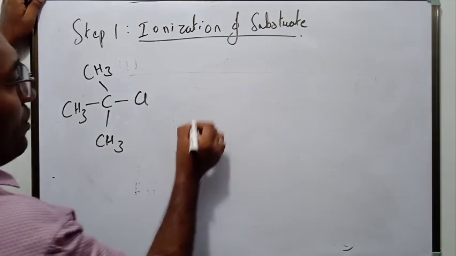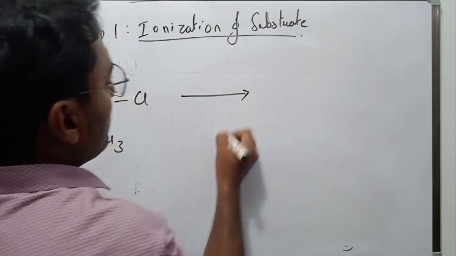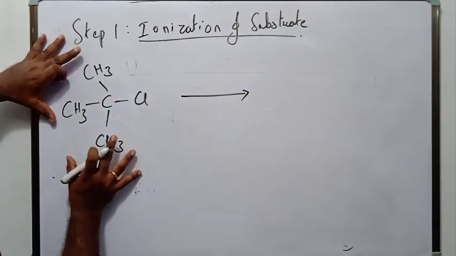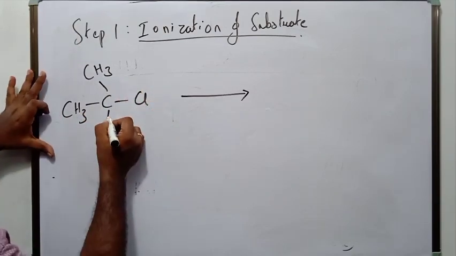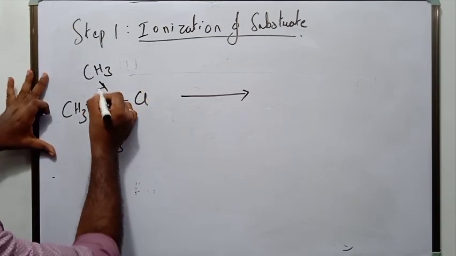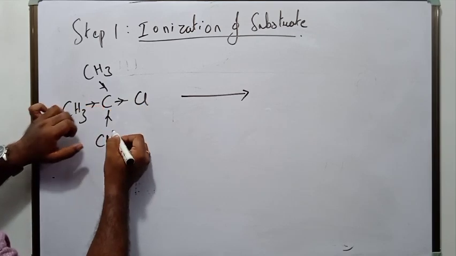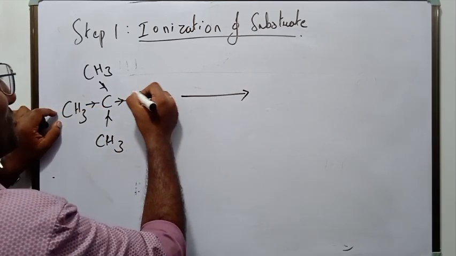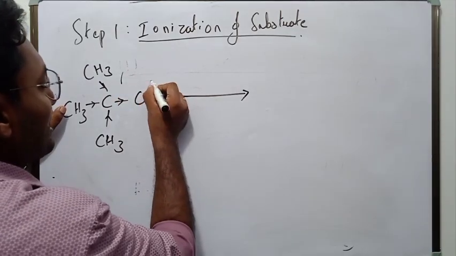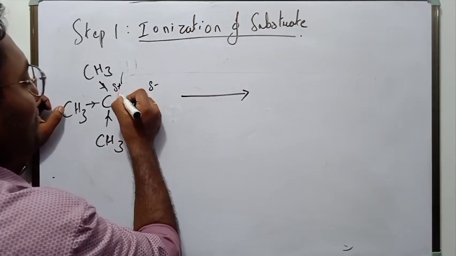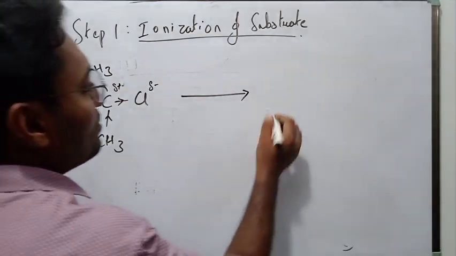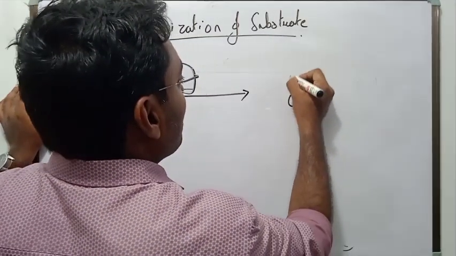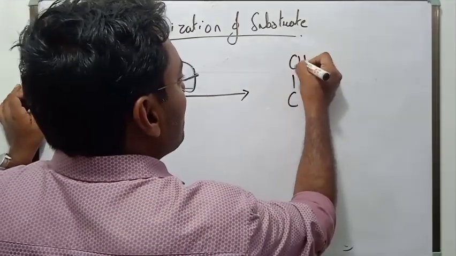What would go? It is a very highly polar molecule. The 3 CH3 groups pump their electrons. The carbon here also pumps its electrons to chlorine. The chlorine is just opposite in nature, very electronegative. It also withdraws electrons. So this side is always negative, this side is always positive. They are bound to dissociate, no doubt. And what you will get? You will get something like this.